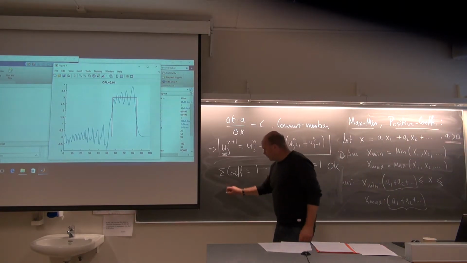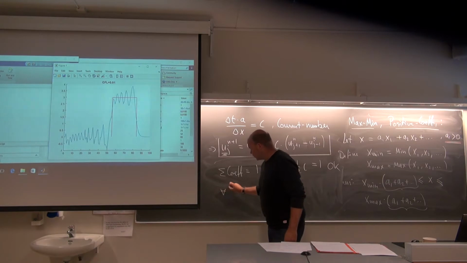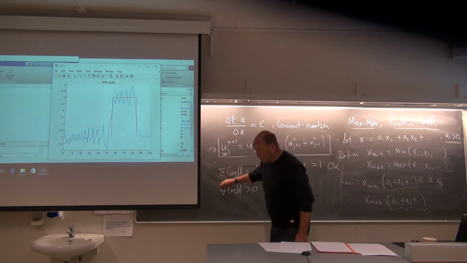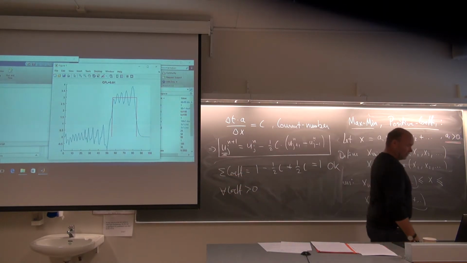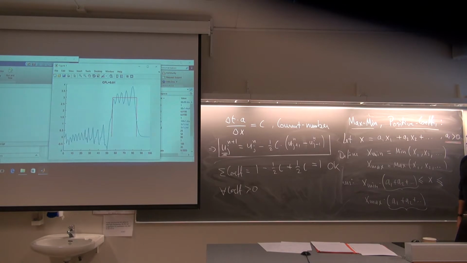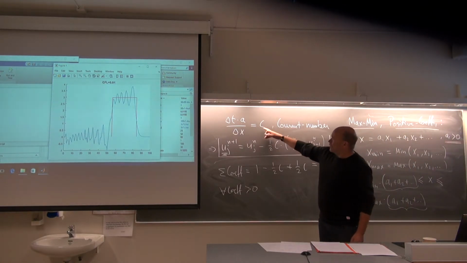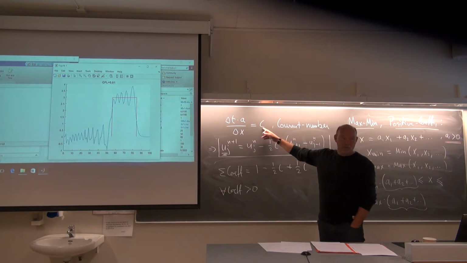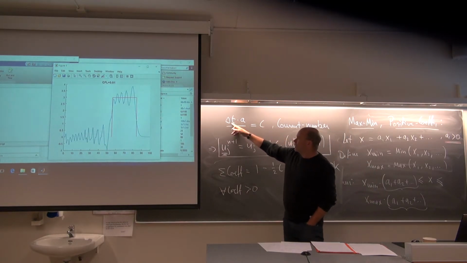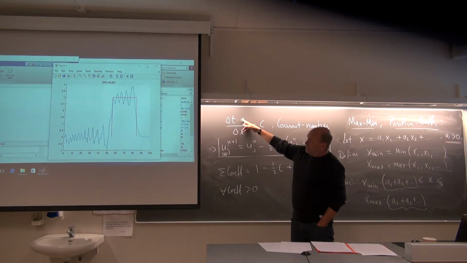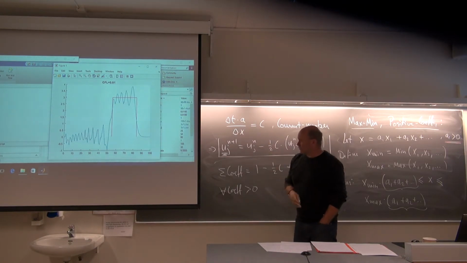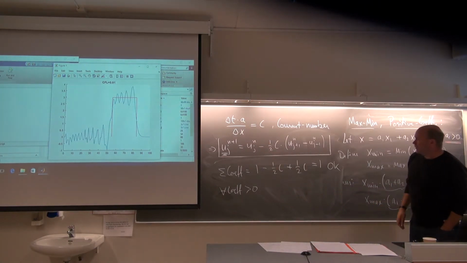So the next demand: all the coefficients should be positive. You write an A upside down, meaning for all. So all the coefficients should be positive. Well, the Courant number, the c itself, is of course a positive number. We have a positive delta t, a I have chosen positive, and delta x is of course positive, so the c is positive.